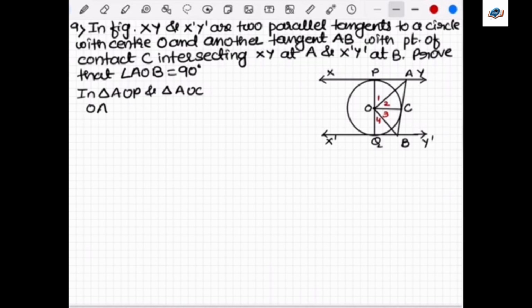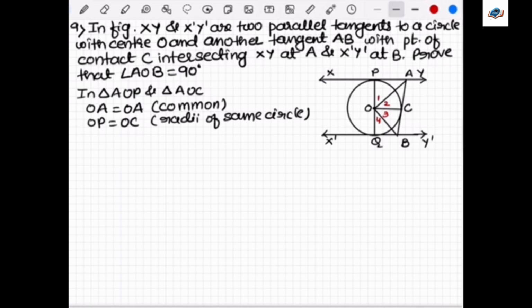So therefore, triangle AOP is congruent to triangle AOC. This is by SSS rule. So therefore, angle 1 equal to angle 2. This will be using CPCT.